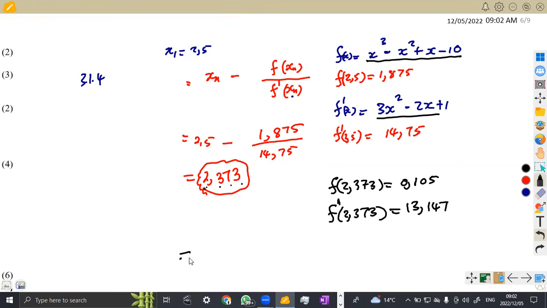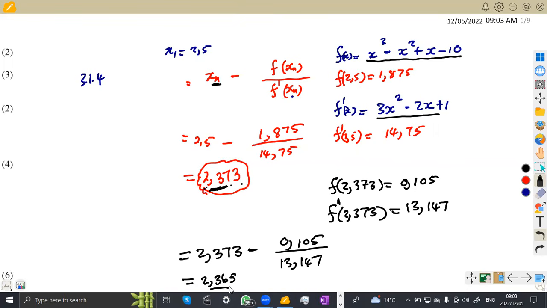So that means we can have our second solution now. xn now is 2,373 minus f of xn, which is 0,105, over the first derivative, which is now 13,147. All right, so we can do this from our calculator. We are going to obtain something like 2,365. All right, so that is what you're going to have now as the final solution.